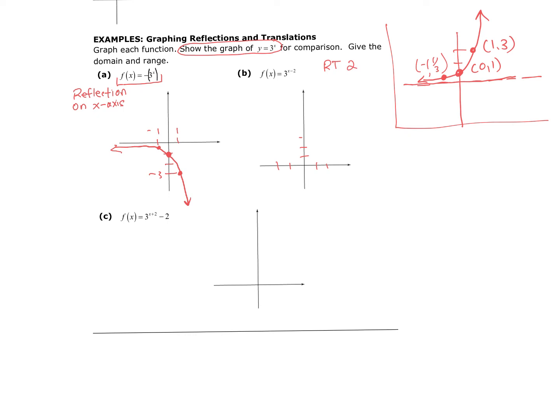So these 3 points are going to move to the right 2 places. So we're going to have (2, 1), (3, 3), and (1, 1/3). The shape is the same.